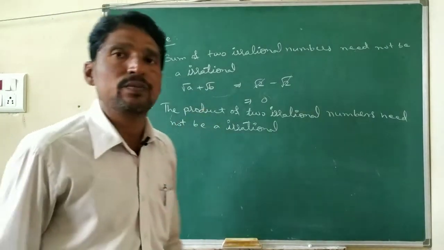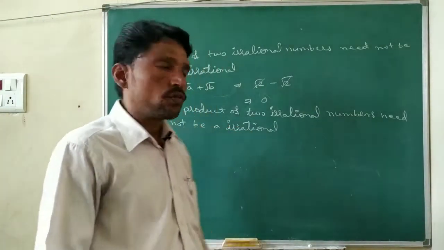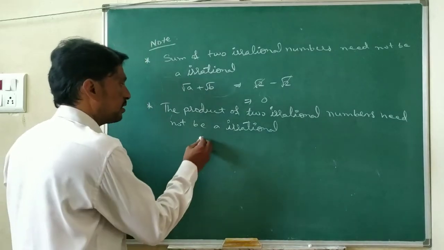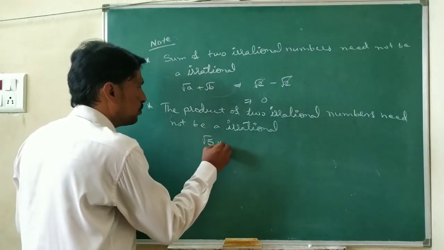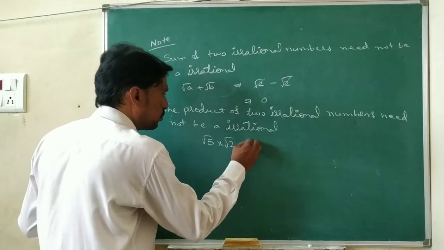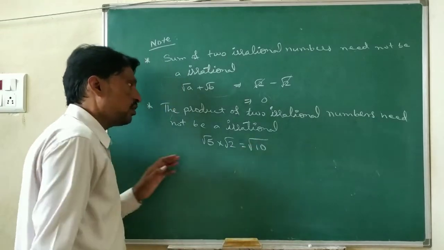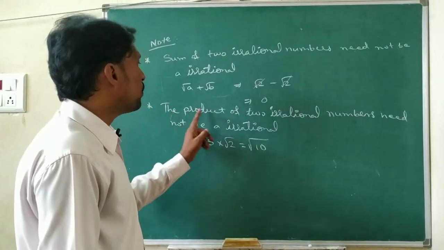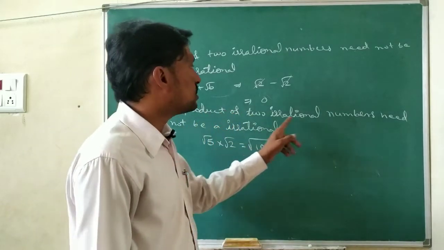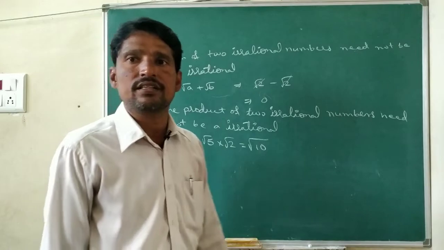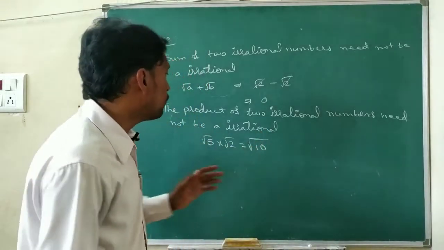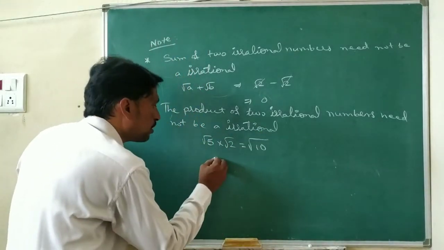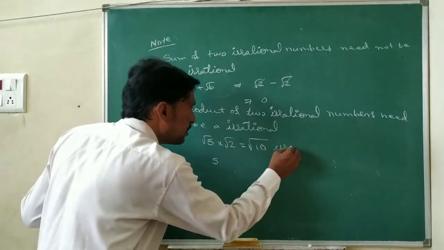Here product means multiplication. Take any two irrational numbers, now root 5 into root 2. Root 5 into root 2 we are getting root 10. So root 10 is an irrational number. But what is given here? The product of two irrational numbers need not be irrational. So here it is irrational.